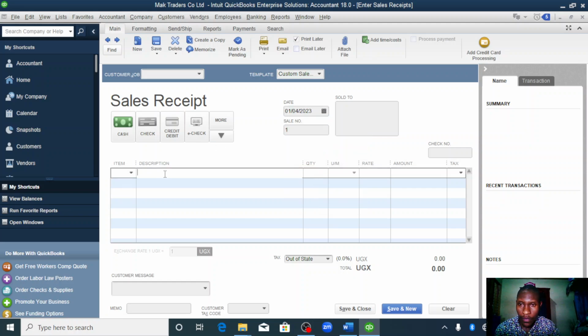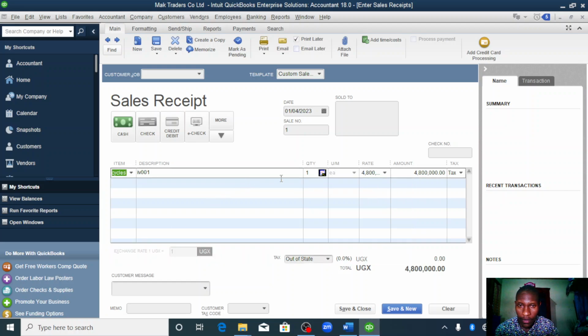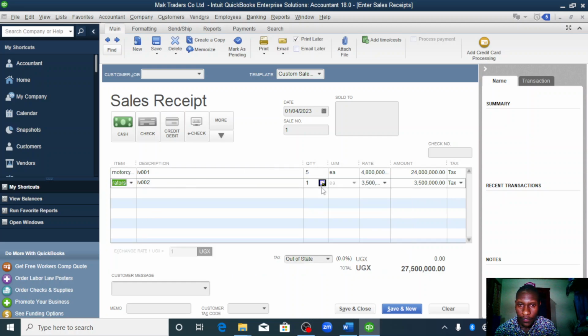Then we click on the item. They are telling us 5 motorcycles, which means the item is motorcycle. Quantity we are having 5. Then we add another item. We are given generators. Quantity given, they are giving us 3. We save and close.